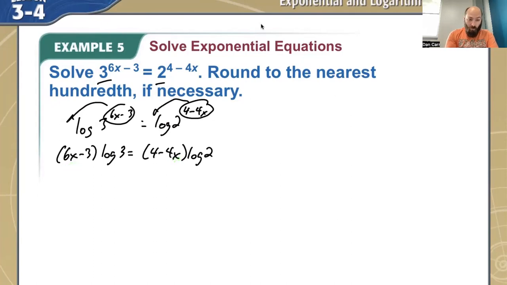In order to solve for x here, I'm going to want to bring x's together somehow, so I'm going to bring them to the same side. Before I do that, I need to distribute the log of 3 and the log of 2 in this equation.